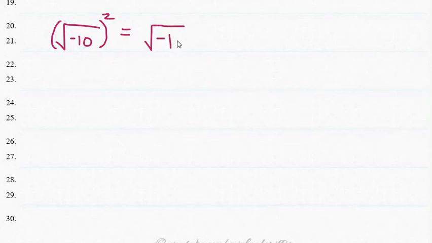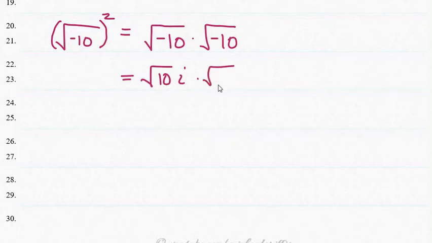Since there's two of them, we can rewrite it like this. You see that? So we break this up. This just becomes the square root of 10i times the square root of 10i.